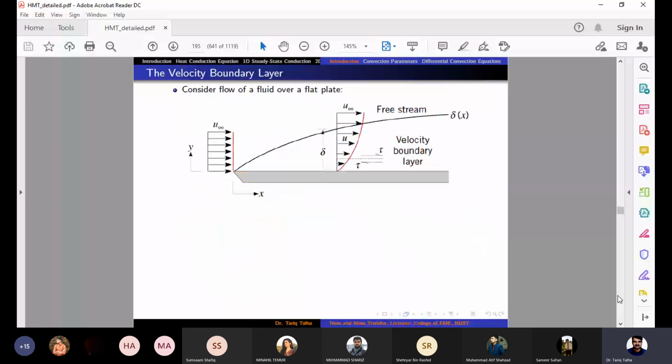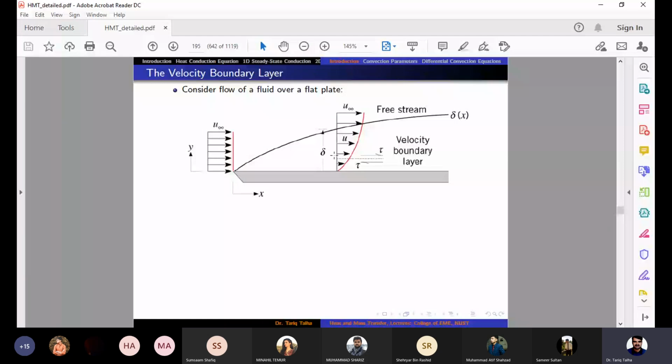Now if we talk about the boundary layer growth, here we have a free stream velocity of u infinity, but when it comes into the boundary layer region, the first layer of molecules attached to the solid surface is at zero velocity. It puts a drag force on the second layer of molecules, so the velocity of that layer is very small, and that drag force decreases as we move away from the wall.